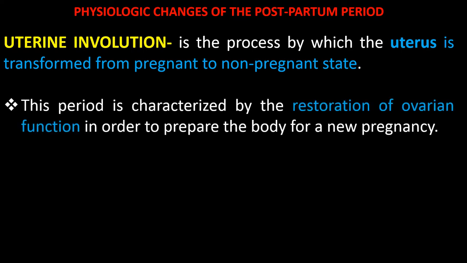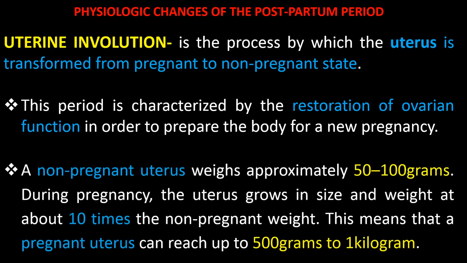This period is characterized by the restoration of the ovarian function in order to prepare the body again for another pregnancy if the time comes. So always remember that a non-pregnant uterus weighs approximately 50 to 100 grams. And during pregnancy, the uterus, since it is occupied by the baby and since the lining of the uterus has to thicken for the placenta to properly implant itself in its muscles, it grew in size and weight about 10 times the non-pregnant weight.